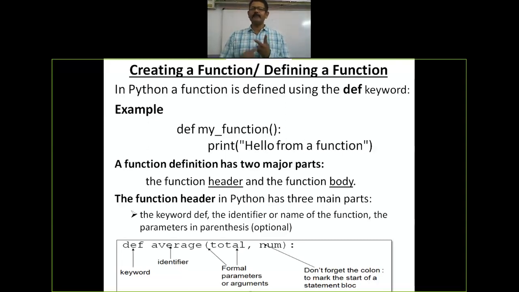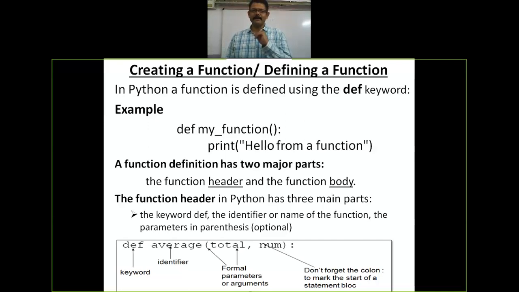First, you understand how to write the function header. It begins with the keyword def, then afterwards the name of the function, that can be average or print or my function or f or f1, anything you can take, any valid identifier as the name you can put, then round parenthesis, and inside the bracket you can take two arguments or one argument or three arguments or no arguments.